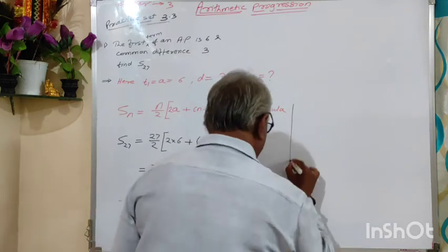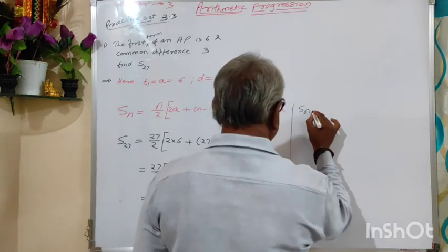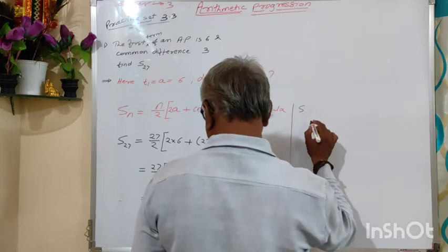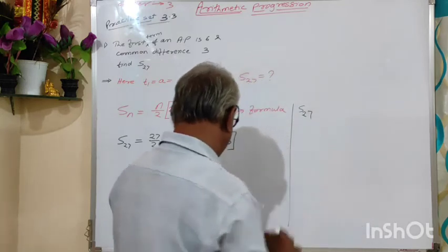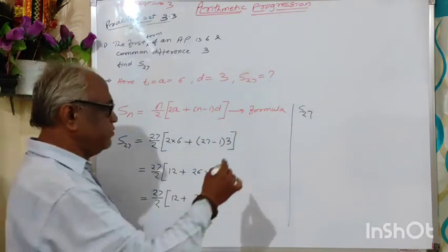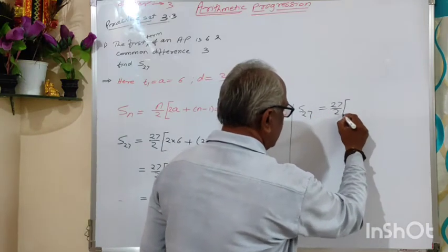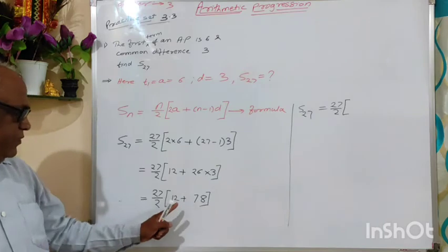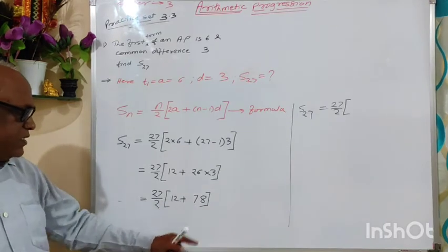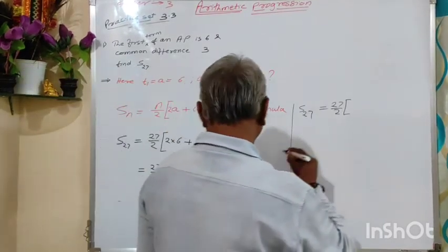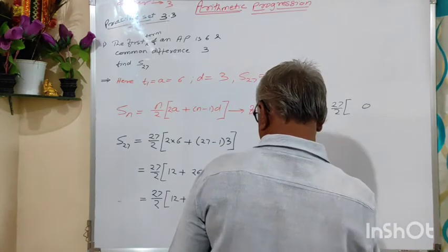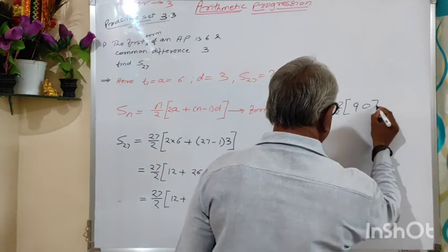Therefore S27 is equal to 27 upon 2 as it is. And now you are going to add here: 12 plus 78, that is 8, 9, 10, carry 1, 7, 8 and 1, 9, that is 90 you will get.